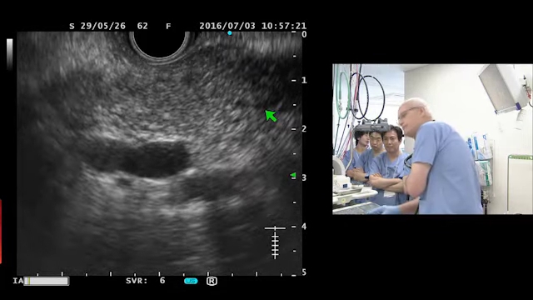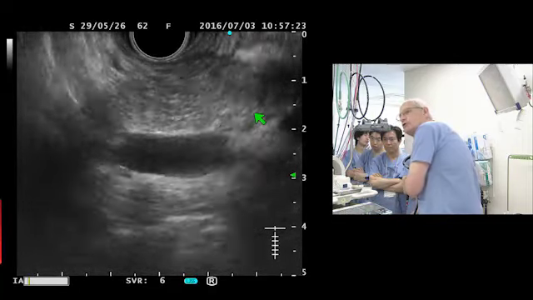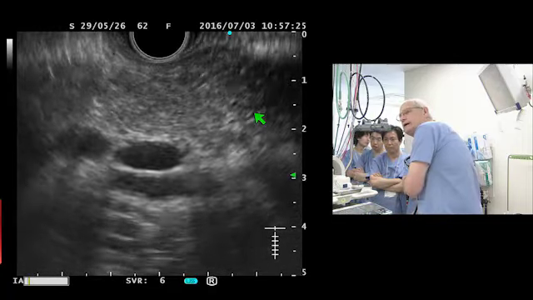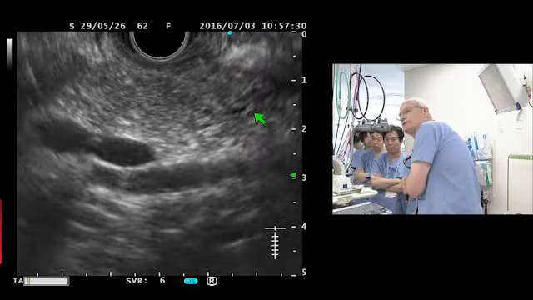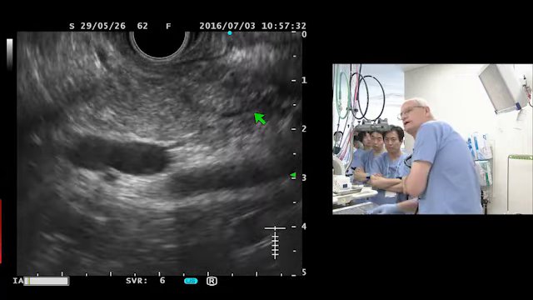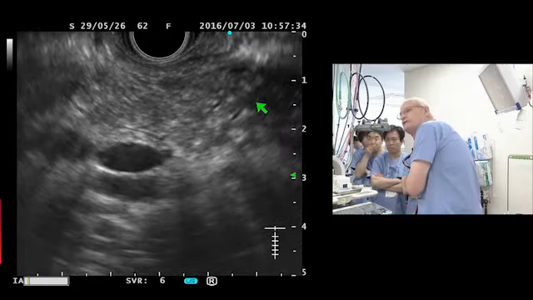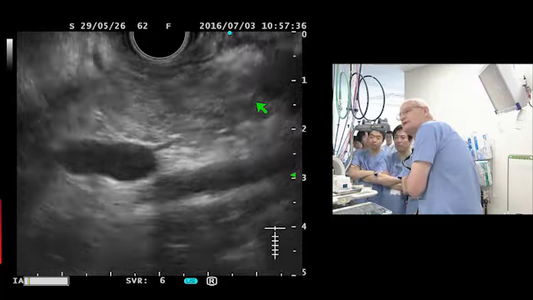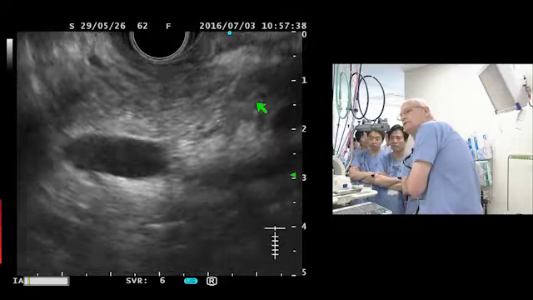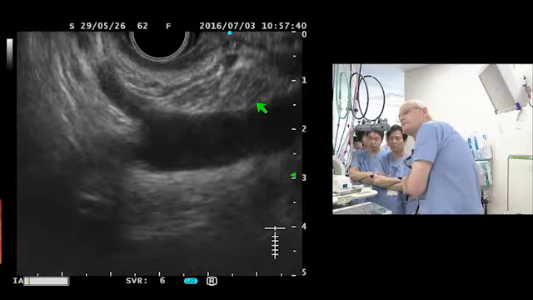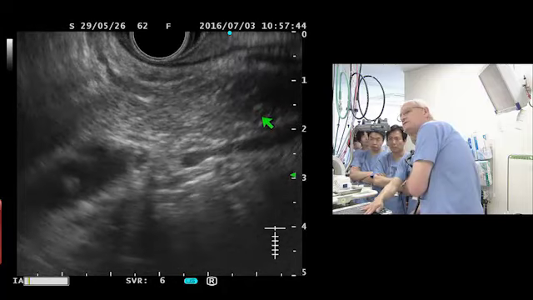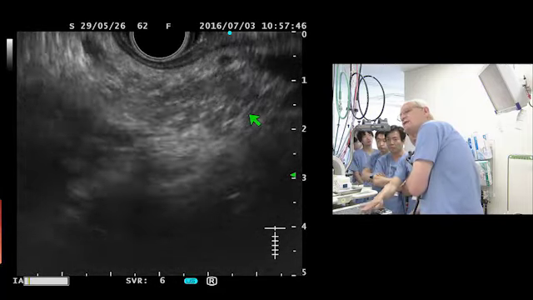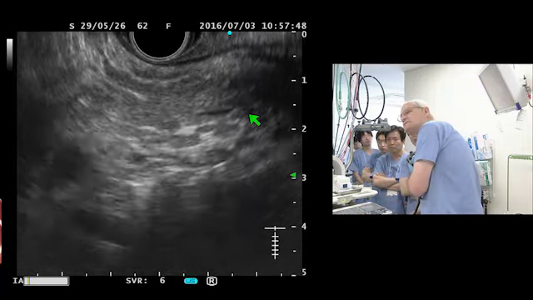Pancreatic duct here, and I just wanted to show you that this pancreatic duct disappears, okay, right in this area here, but in fact I do not see any mass. I do not see any mass here. So from my perspective, right here the pancreatic duct disappears, but it's not associated with any mass.